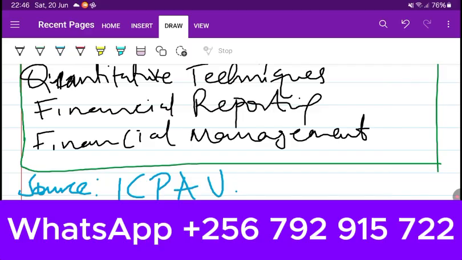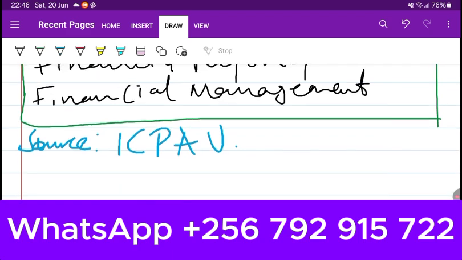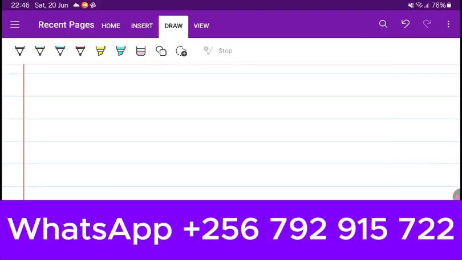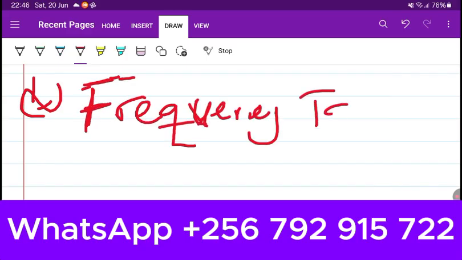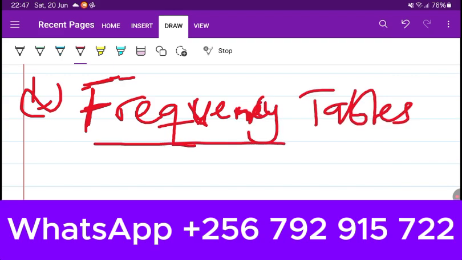But now, most of the information that we are going to be getting is not all about one variable. Maybe we have studied so many variables. So if we have very many variables, which type do we use? So the second type, part B, is what we call the frequency tables.